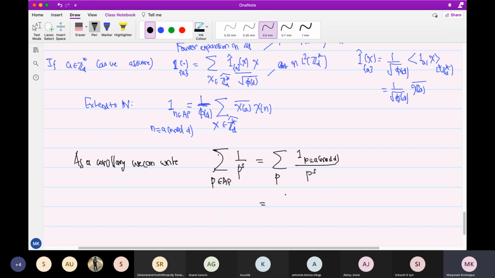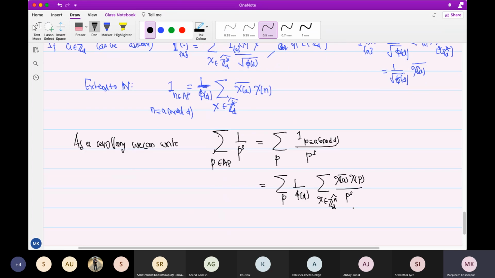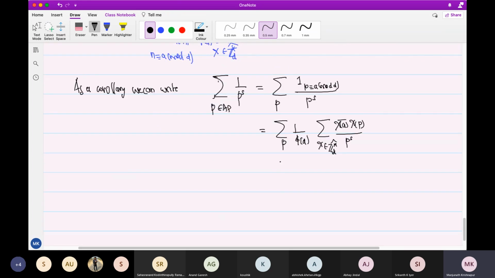So we write the sum over p, 1 over phi of d, sum over chi in Z_d star, the dual, of chi of a bar chi of p over p to the power s, right? So this we get. Now we interchange. Let's pull the 1 over phi of d outside.